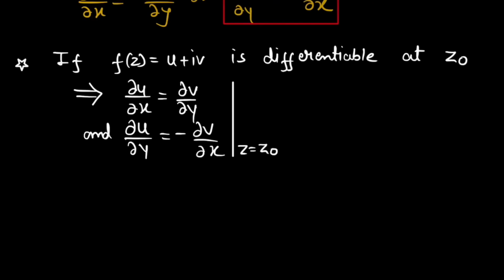Or we can also say that if the Cauchy Riemann equation does not hold at point z naught, then this means that the function is not differentiable at that point. But if the Cauchy Riemann equation is satisfied, then this doesn't mean the function is differentiable at that point.